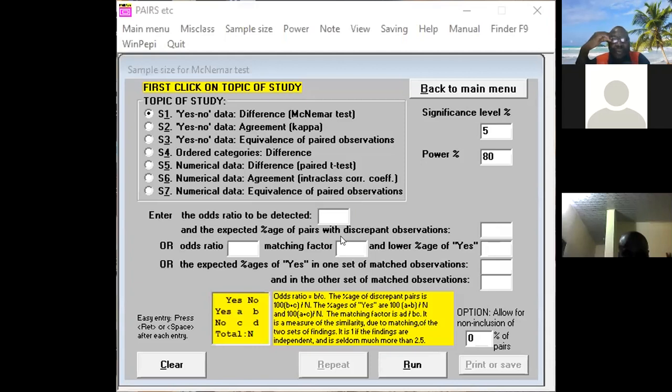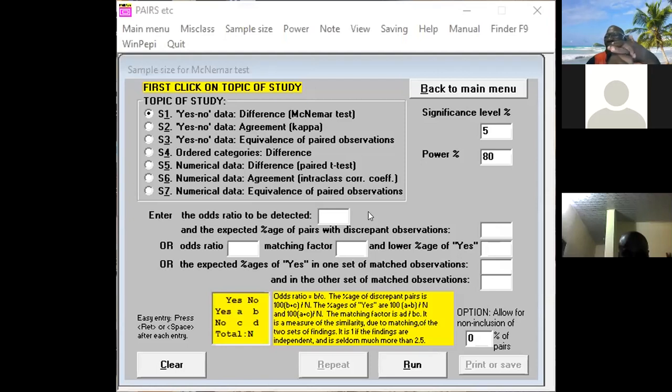So it means it's from your imagination, because you have not carried out the study. This is sample size, and sample size is the beginning. We have already discussed how you get all those things you feed in. Most of the time, the two things that are not constant are this expected difference and the proportion you are dealing with.